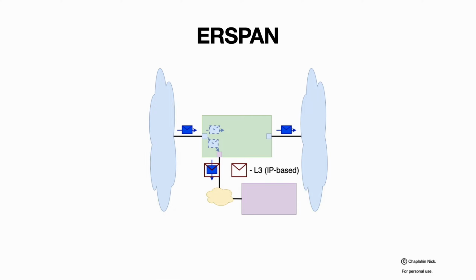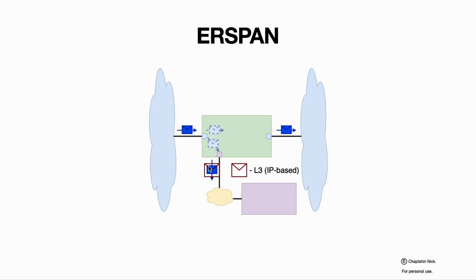Encapsulated Remote SPAN is another stage, when the network where the device for analysis is connected is IP based, and it requires IP to transfer frames correctly to this analysis device. Then ERSPAN adds an L3 layer or layers to our original frame.